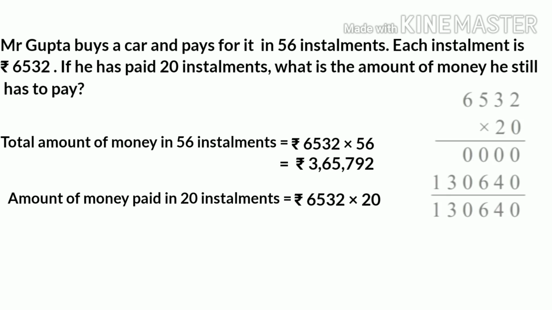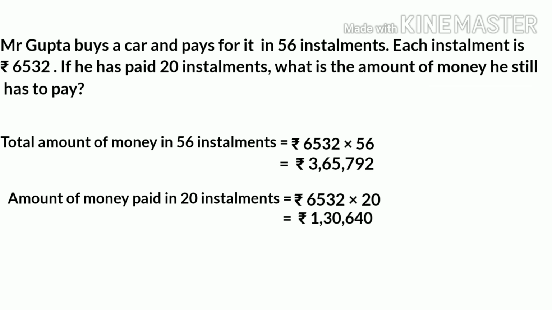So when we multiply 6,532 by 20, we get 1,30,640. So the amount of money paid in 20 installments is rupees 1,30,640.